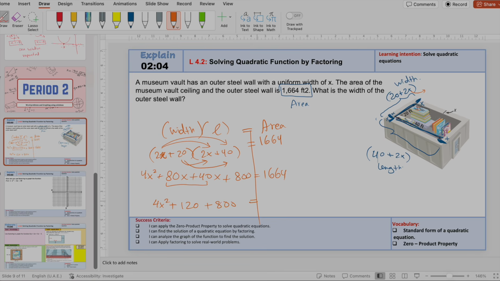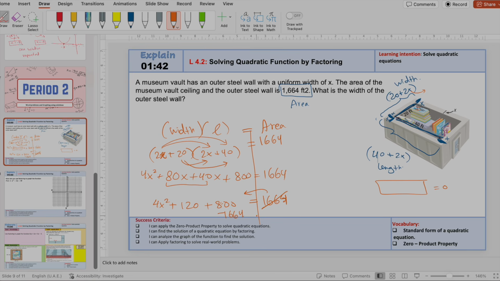Now equals 1664. Take the 1664 to this side to solve the equation. Remember, to solve the equation, my equation should equal 0. So take it to the other side so you can empty out this side. It's going to be negative 1664, gone.